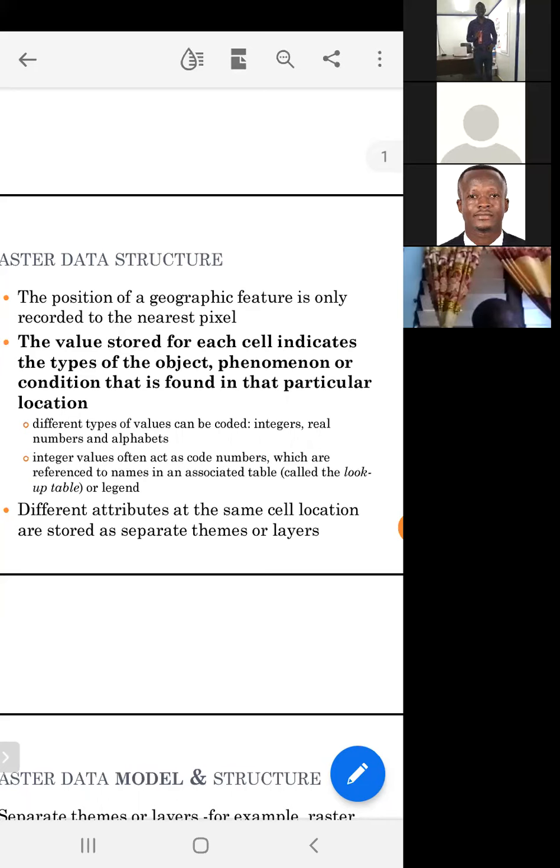Now, the next one is that the value stored for each cell indicates the type of object, phenomenon, or condition that is found in that particular location. So when I get a satellite imagery and I see a red square region or a red rectangular regular shape filled with a dirty red color, I start thinking, is that the roof of a house?